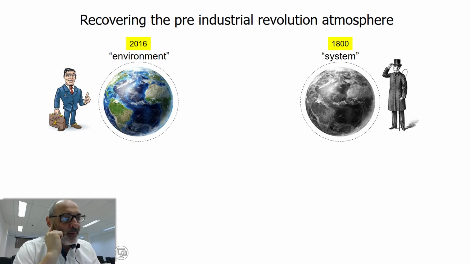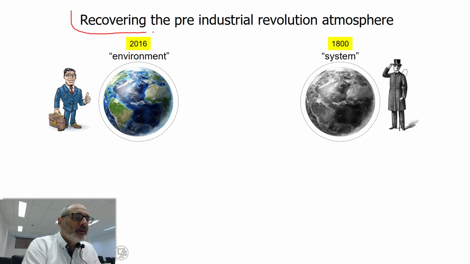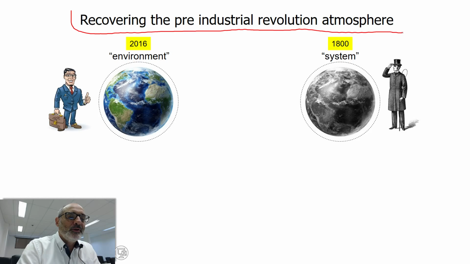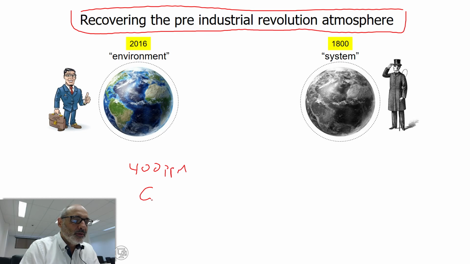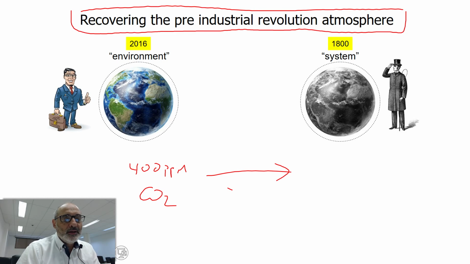Okay, so the example now is the following. I want to recover the pre-industrial revolution atmosphere. Okay, we know today we have almost 400 ppm CO2, and before the 1800s, we had roughly 300 ppm CO2.